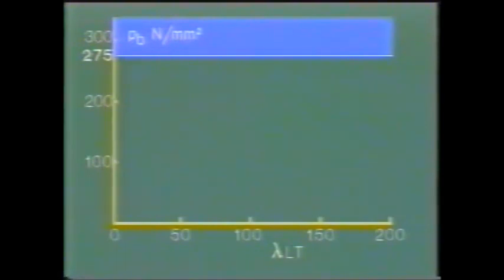In terms of extreme fibre stress, this behaviour plots as a line which has a very low value when the slenderness is high, but has a very high value when the slenderness is low. This line too is an upper bound to the actual bending strength.